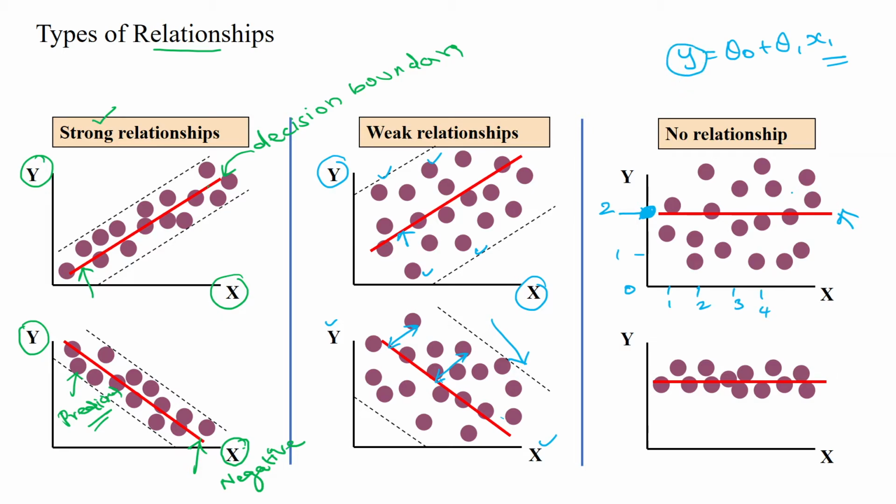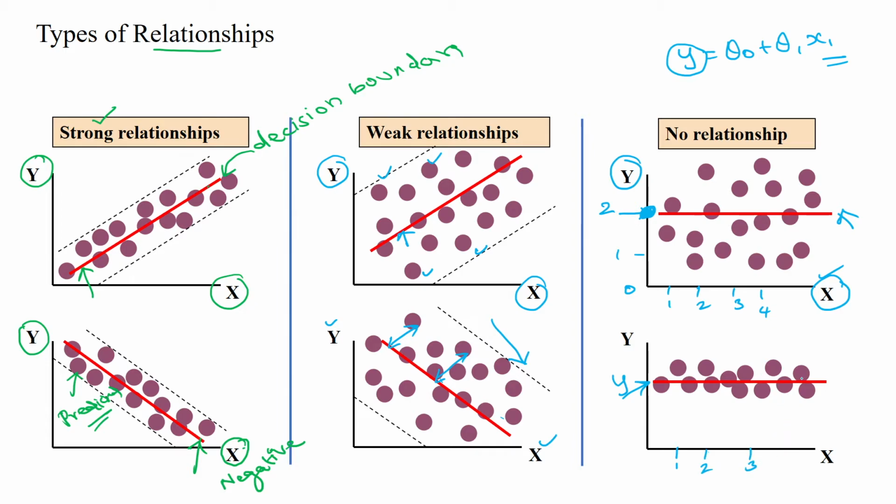So this kind of plot shows there is no relationship between independent variable x and dependent variable y. And here the data is close to the decision boundary, but there is no change in the y value when you are changing different x values.